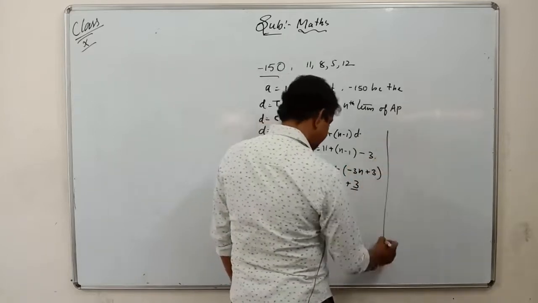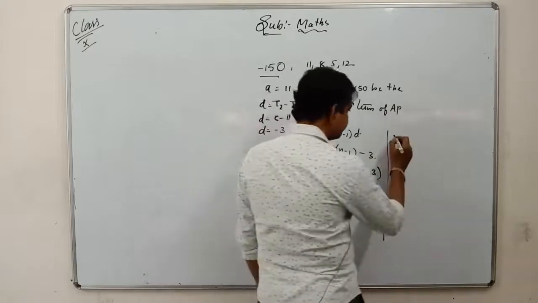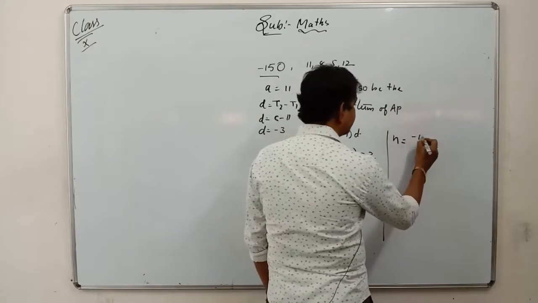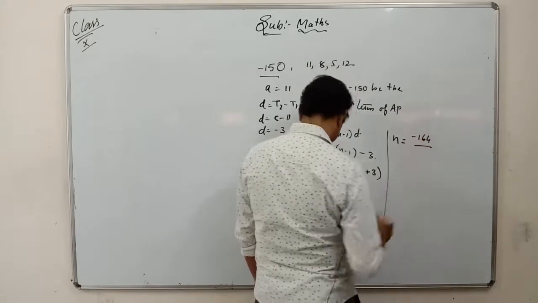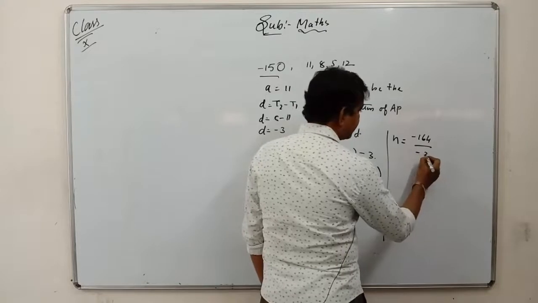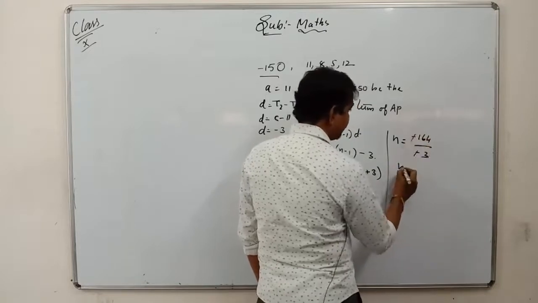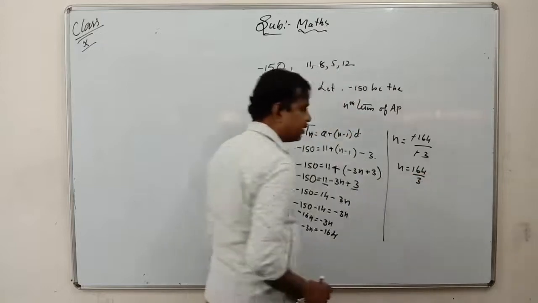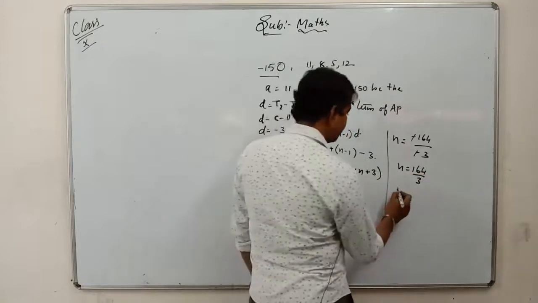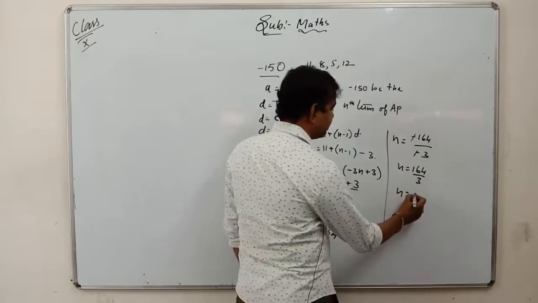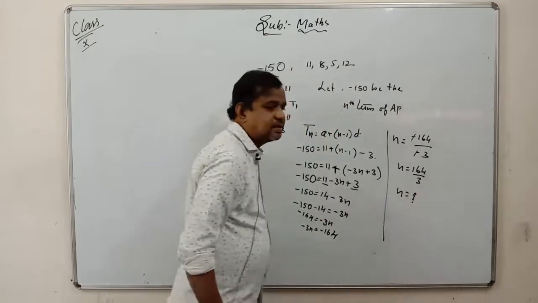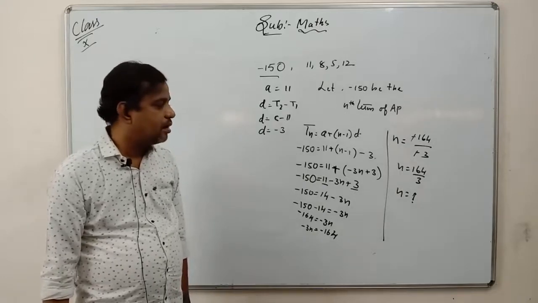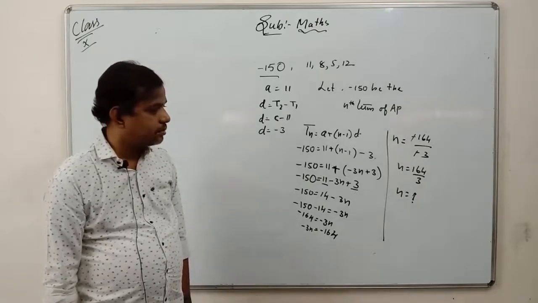So now I can write it as n equals to minus 164 by minus 3. Minus minus cancels, you will get n equals to 164 by 3. Now say what will be the value of n. You calculate it. Okay. You just cancel it and tell what is the value of minus 164 by minus 3.